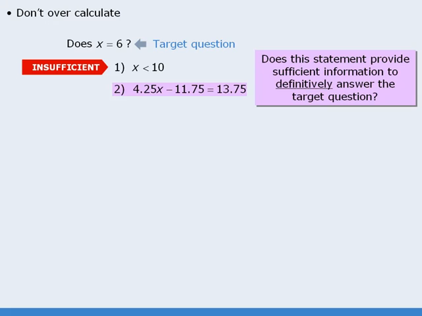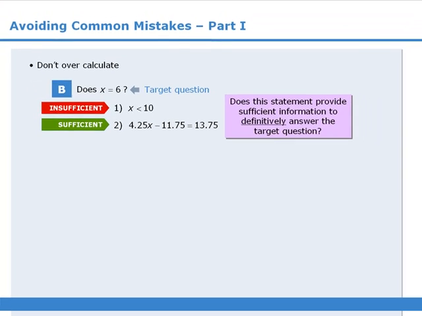The answer is yes. This does give us enough information because we could solve the equation for x, in which case we could determine whether or not x equals 6. Of course, we're not going to solve for x because we are not required to do so, and because doing so would waste valuable time. So statement 2 is sufficient, which means the correct answer here is B.